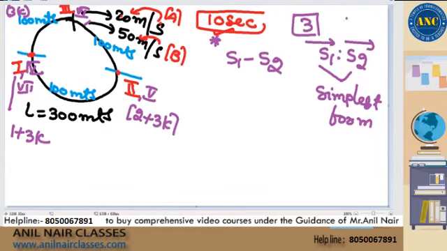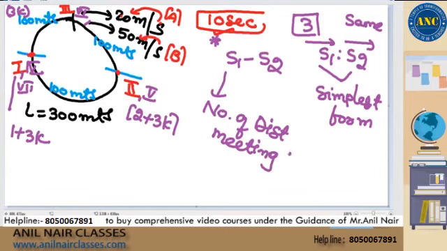Please take an image of this slide. Number of distinct meeting points, if two people are traveling in the same direction, is given by S1 minus S2.